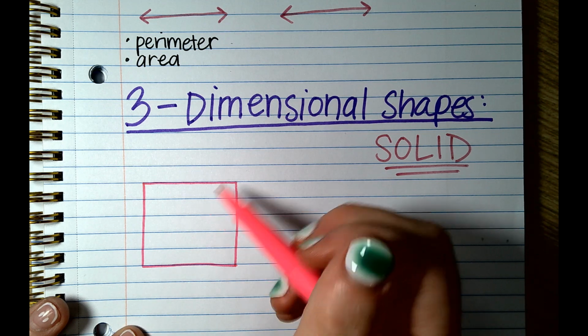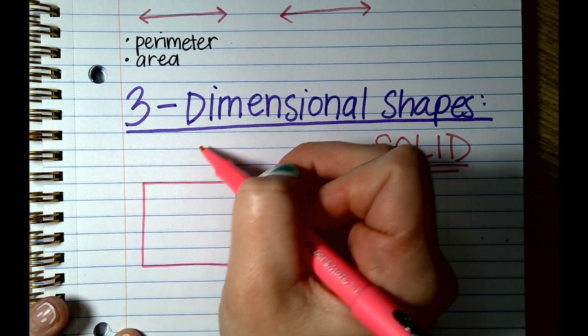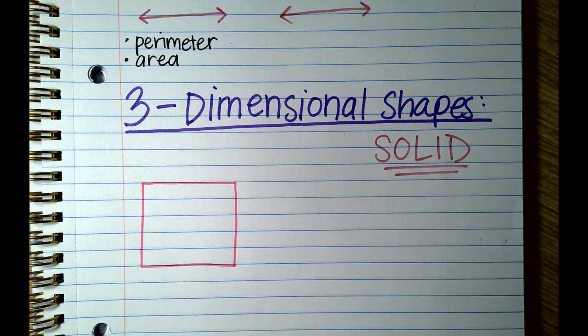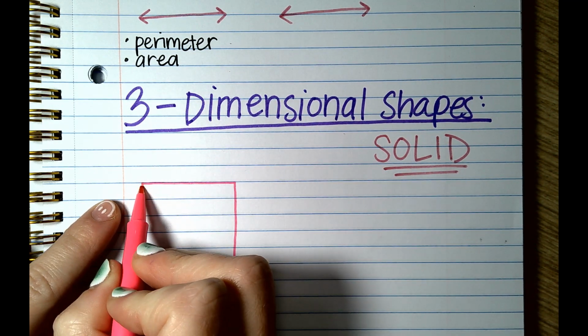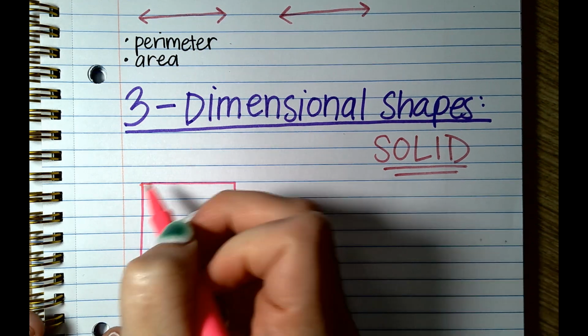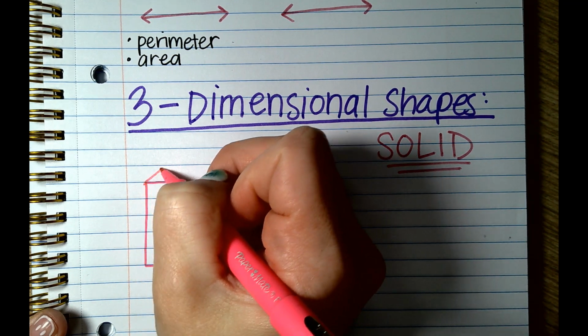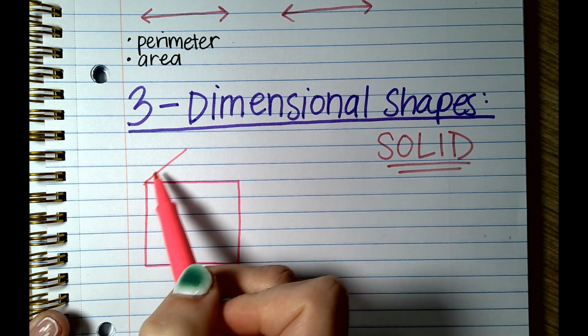What we're going to do now is extend this shape so that it has a depth. I'm going to take from the very corner or the edge of one of my shapes, and I'm going to go like this. I'm going to make a tilted line.